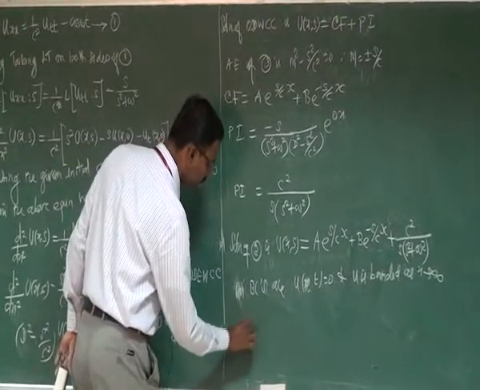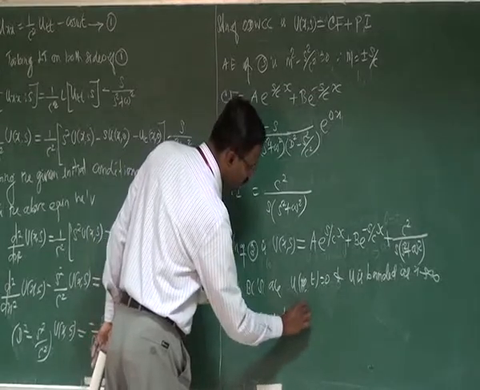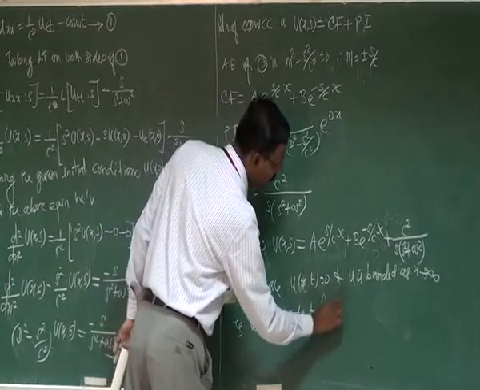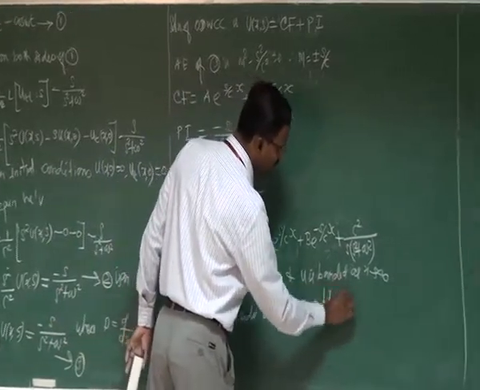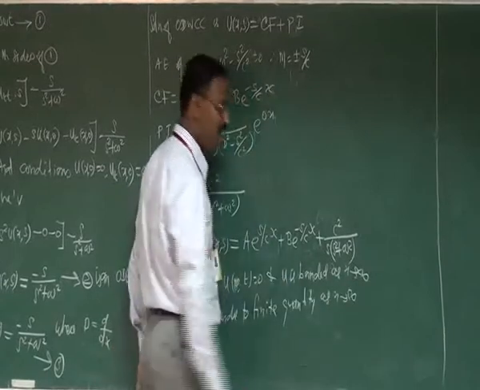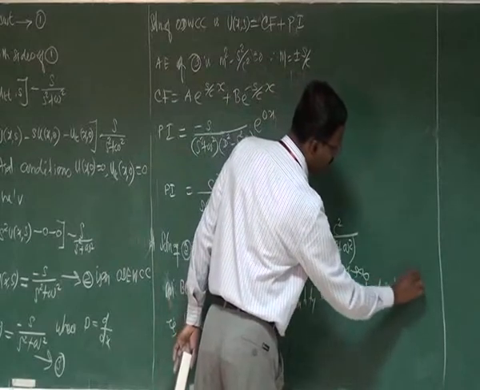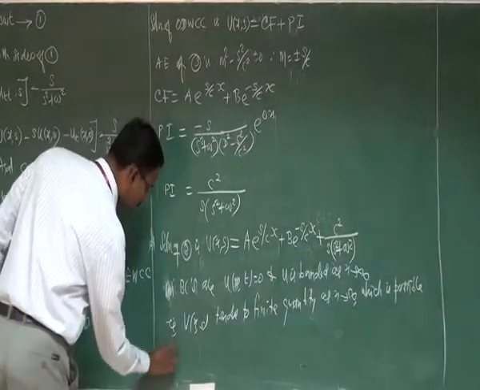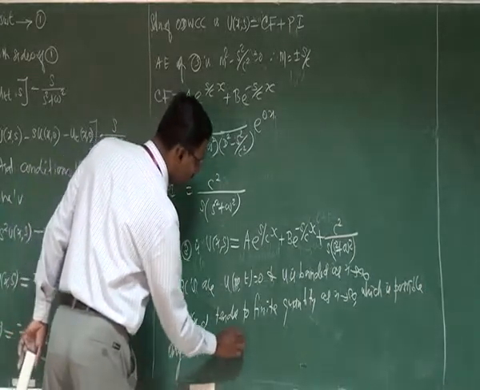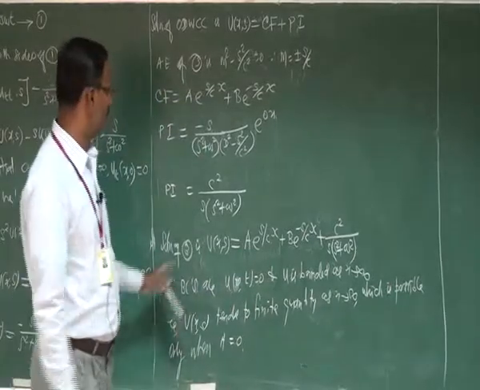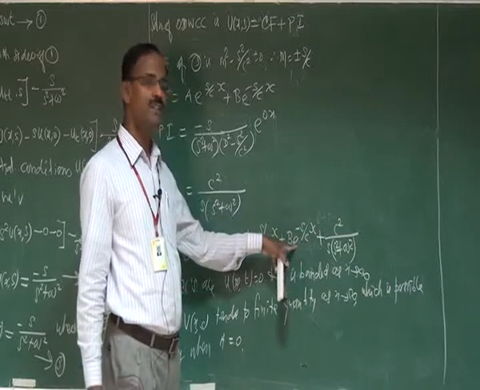That means u of s comma x tends to a finite quantity as x tends to infinity, which is possible only when a is equal to 0, because when we take the limit as x tends to infinity, e power minus infinity becomes 0.